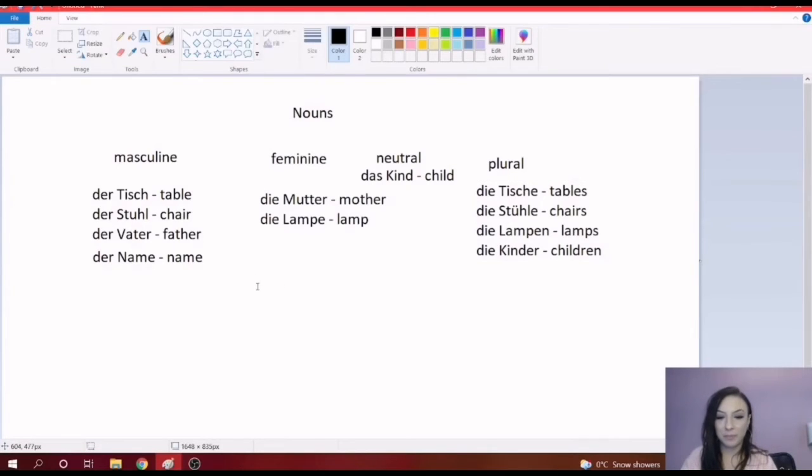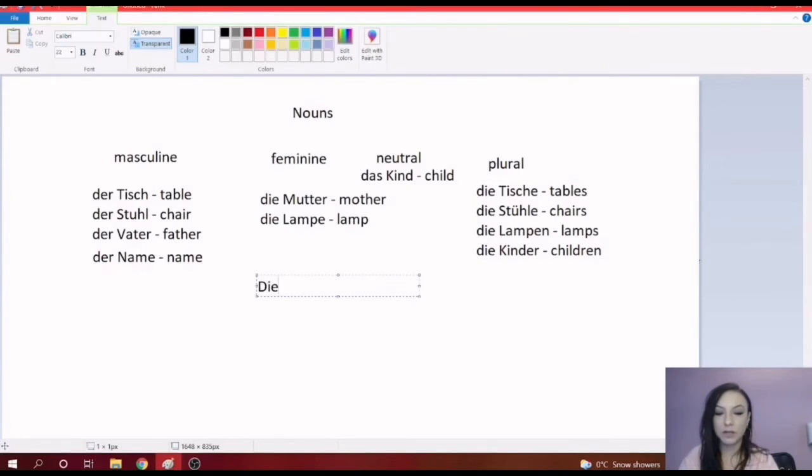What do I mean? Well, for example, die Mutter ist hier. So ist is the verb for third person singular, and you know that the noun is singular. And for example, das Kind ist hier, the child is here, or die Kinder sind hier.